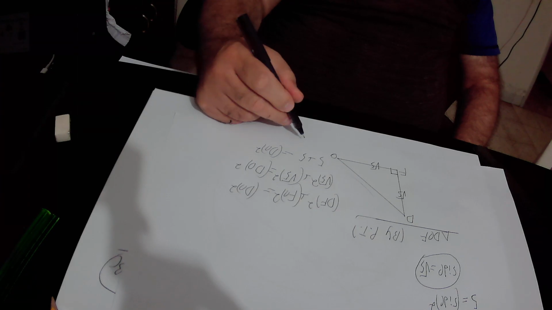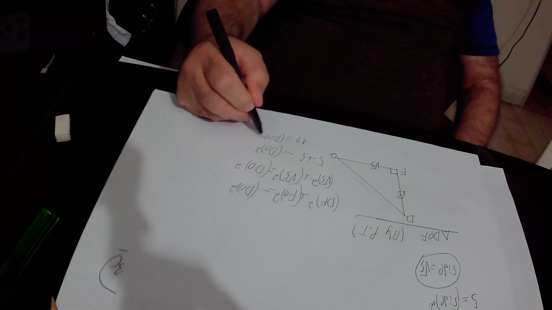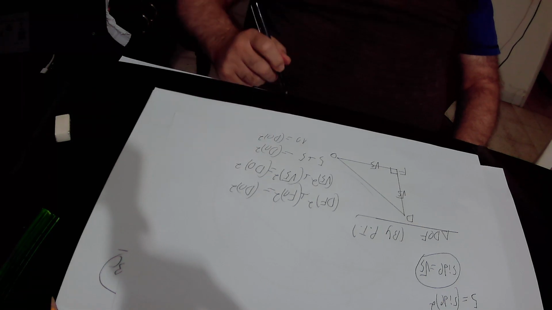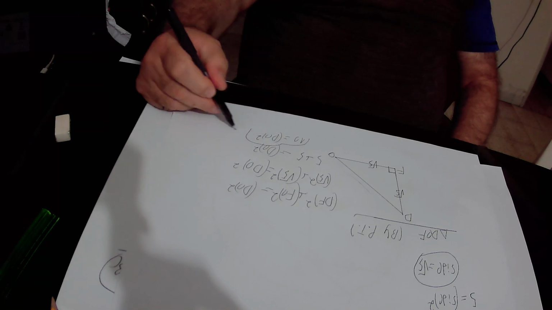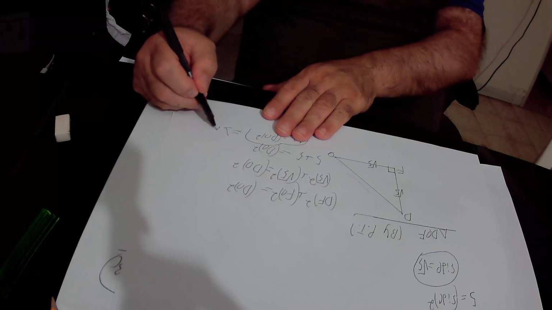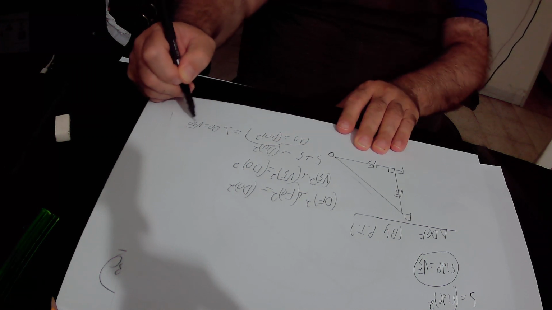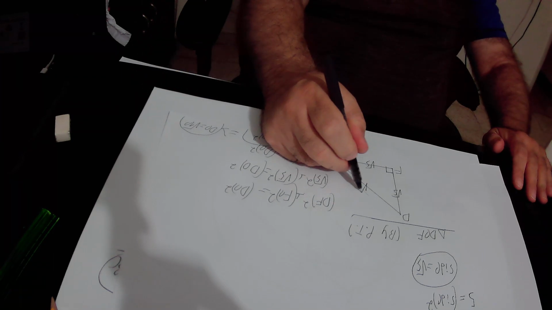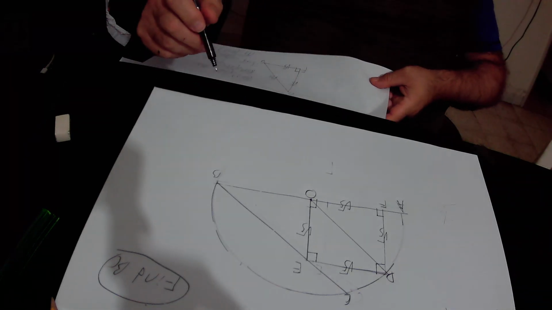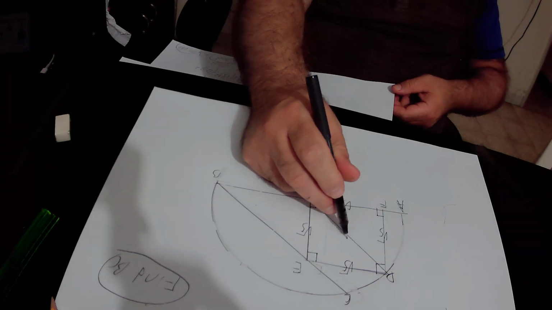So 5 plus 5 is 10, that is equal to DO squared. In the next step, we'll take a root out of this equation. And we get that DO equals the square root of 10 units. You can write in the original drawing that DO equals square root of 10 units.